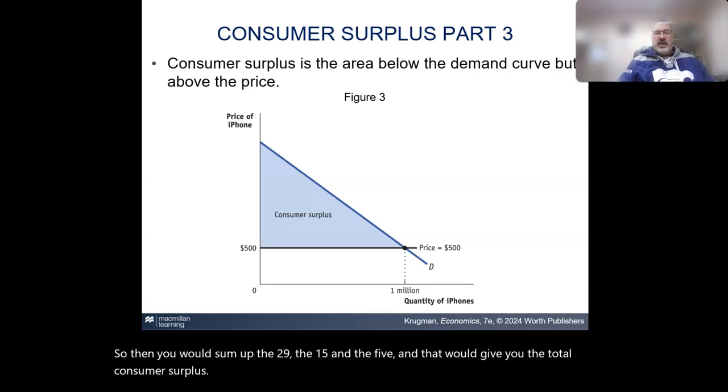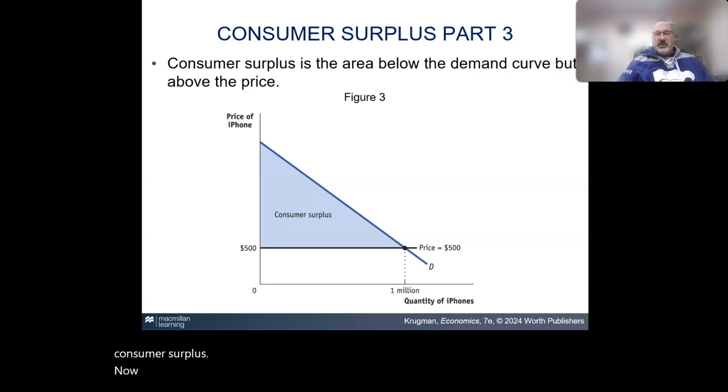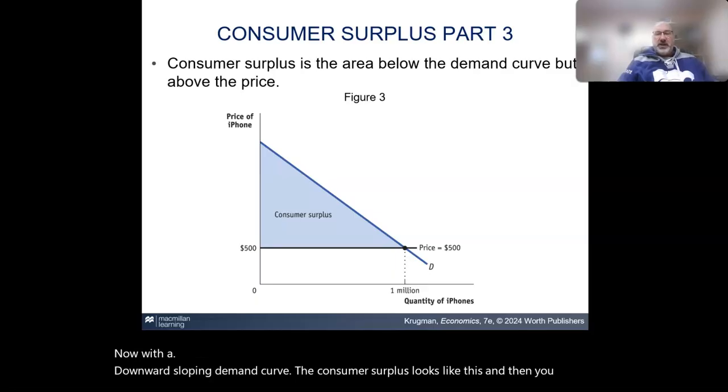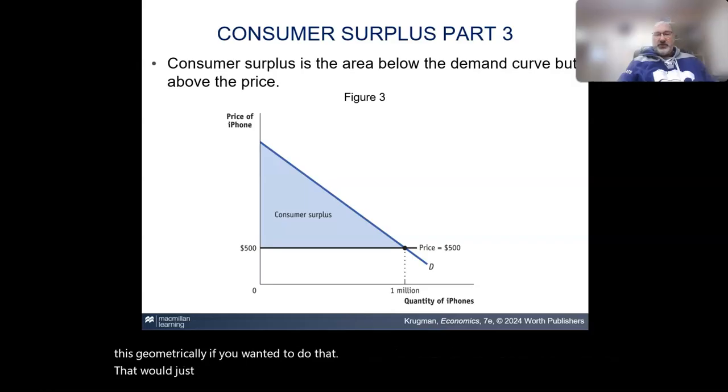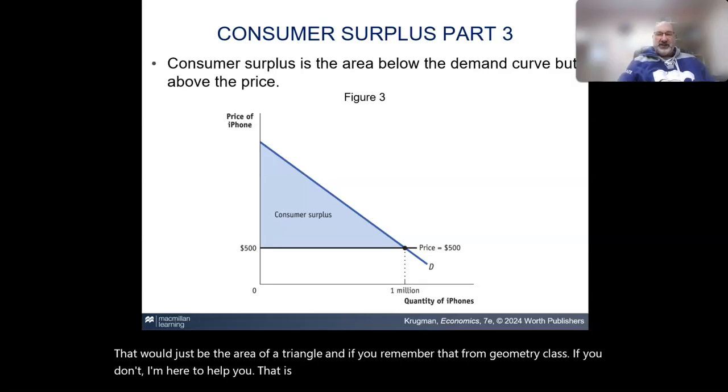Now, with a downward sloping demand curve, the consumer surplus looks like this. And then you could find this geometrically. If you wanted to do that, that would just be the area of a triangle. If you remember that from geometry class, if you don't, I'm here to help you. That is 1/2 base times height.